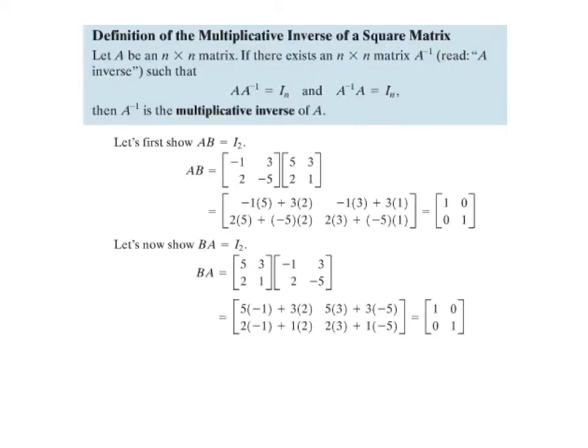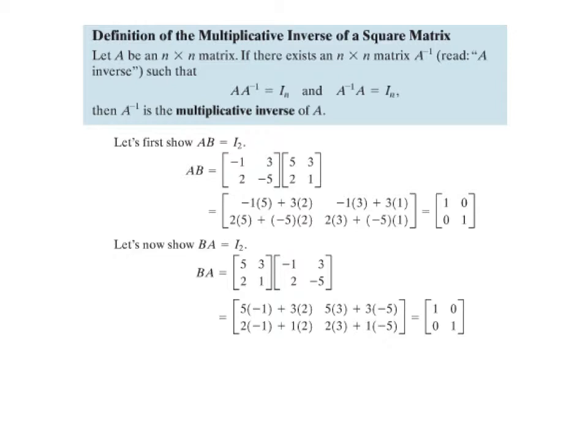Now, the multiplicative inverse of a matrix. The inverse needs to work on both sides, just like the identity matrix. So, if we're given a matrix A that is n by n in size, note that it is n by n, meaning that it must be a square matrix. Therefore, we cannot find the inverse of a non-square matrix.